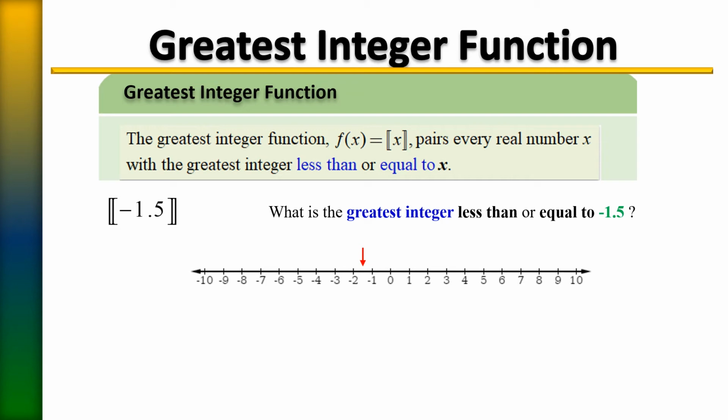Since we want an integer that is less than -1.5, we again don't want to round up. So we don't want -1, because -1 would be greater. We want -2 because it is a number that is smaller than -1.5. So therefore, the greatest integer that's less than -1.5 equals -2.